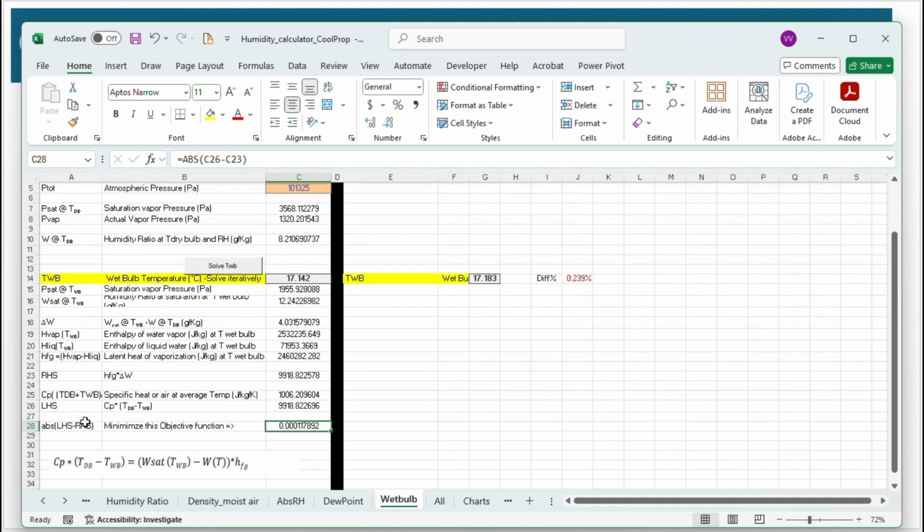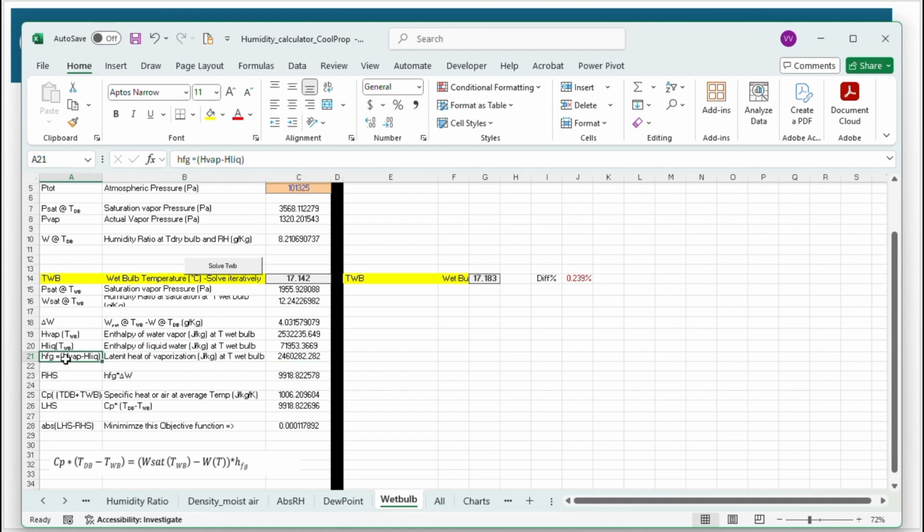Okay, so the left-hand side is this, and the right-hand side is basically the heat of evaporation, sorry, latent heat of vaporization, times the delta W.